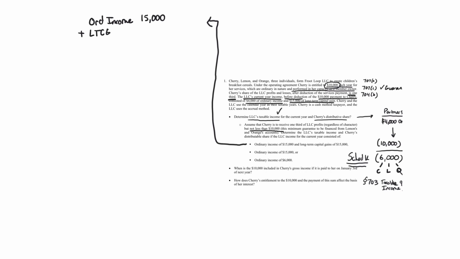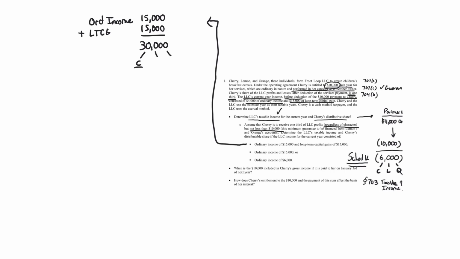Remember, the partnership agreement we changed now says that Cherry receives 1/3 of LLC profits regardless of character. That's key, regardless of character there. But not less than the guaranteed $10,000. So regardless of character means we can add these together in determining the amount. Well, if we add the 15 and 15, we get $30,000. Remember, we have to break that up.